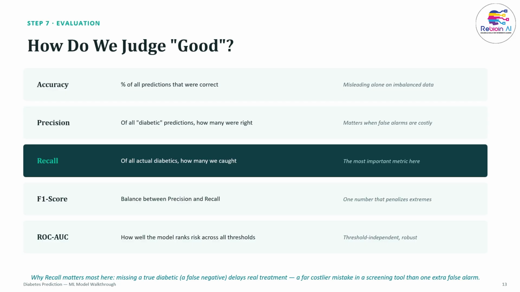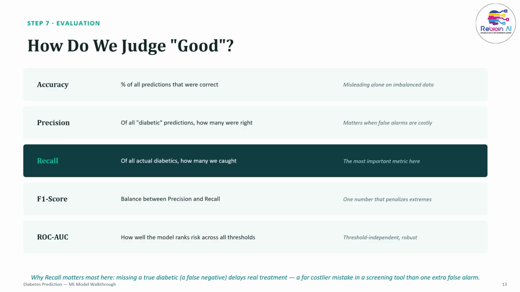So here, recall is the most important metric as it shows us how many we actually caught. And if even a single one is missed, it's like a blunder. F1 score balances precision and recall into one number, and ROC AUC measures how well the model ranks risk across every possible decision threshold, not just the default cutoff.